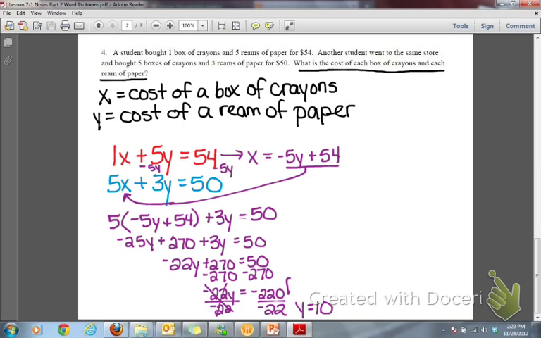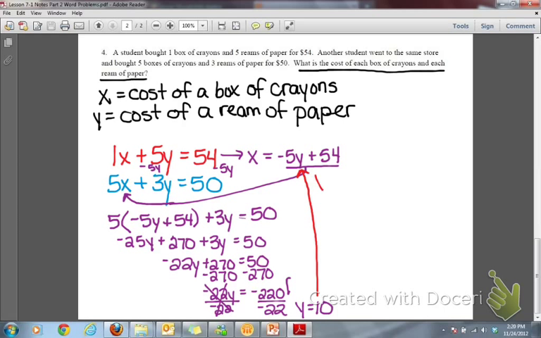Now we have to figure out how much a box of crayons is. Okay, so if y equals 10, we have to plug that into one of our equations from the beginning of the problem to find x. You could actually do it right here. You solved this first equation for x, so x is by itself, and so you can plug your y into its spot and just do a little bit of math here.